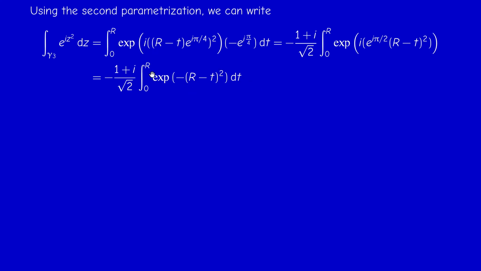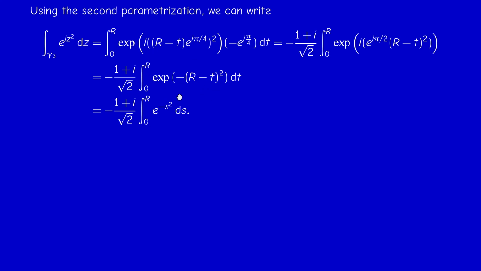So we get exactly the integral from 0 to r of e to the minus s squared ds. And once again, we get the same result, and we can also write e to the minus t squared dt, same thing. So this is another way of checking that. But we did an extra step by doing a change of variables. This is why I prefer the first method, which is more direct.